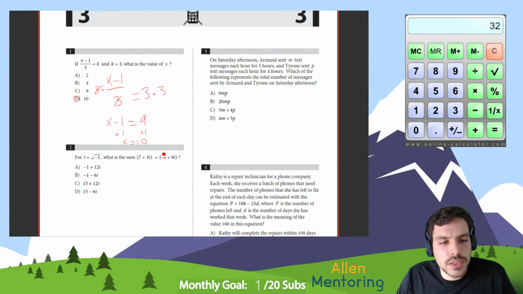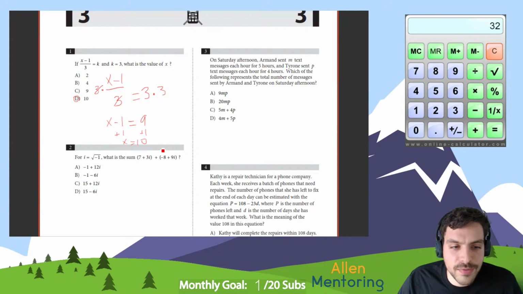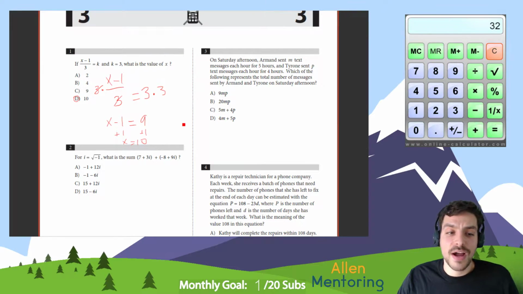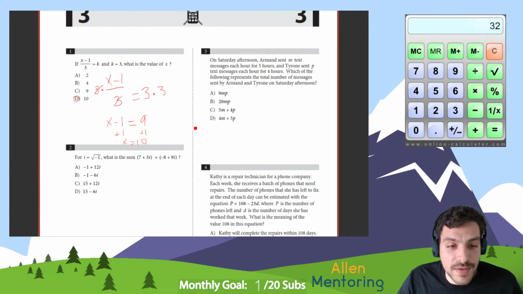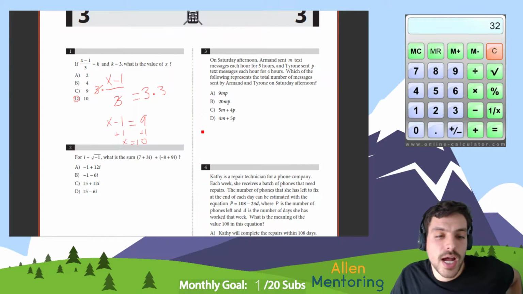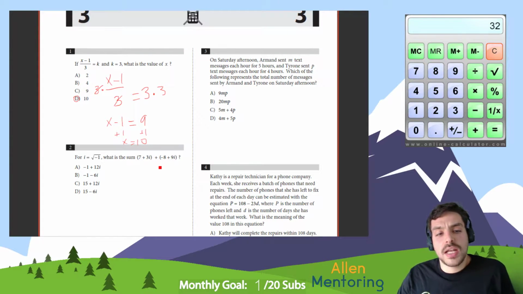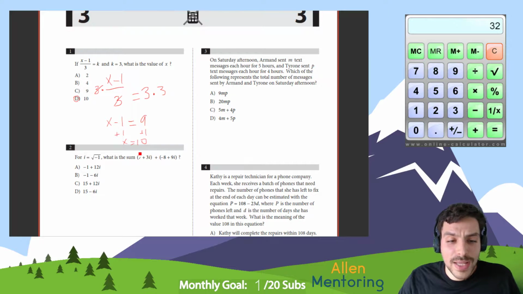For i equal to the square root of -1, and i is an imaginary number, we see we cannot find the square root of a negative number. What is the sum of 7 plus 3i plus -8 plus 9i? You'll see these a lot. These are called complex numbers.